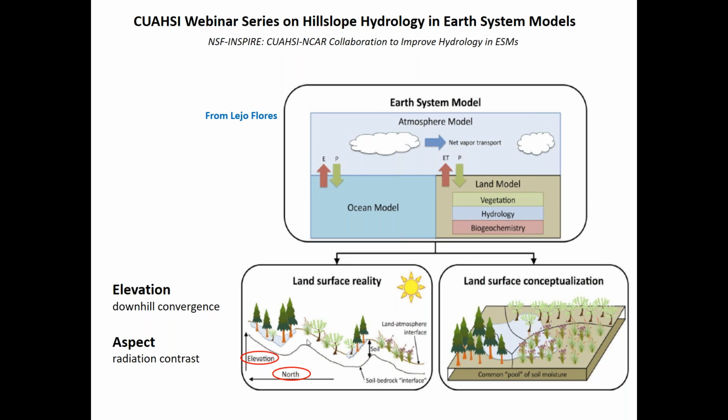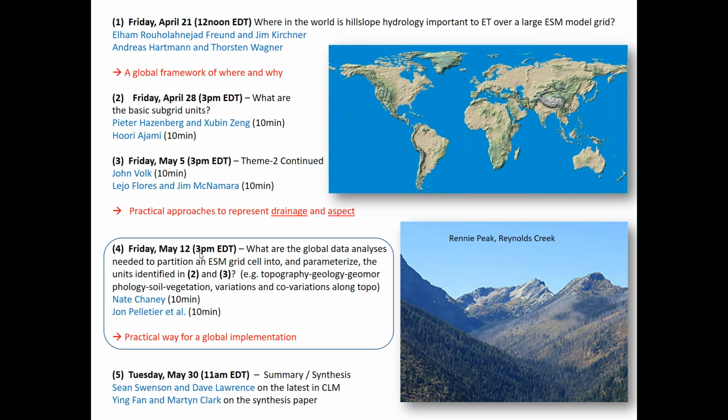These we know are critically important in determining the energy and water and carbon fluxes with the atmosphere. And so we have organized a 5-part webinar series to answer these questions.